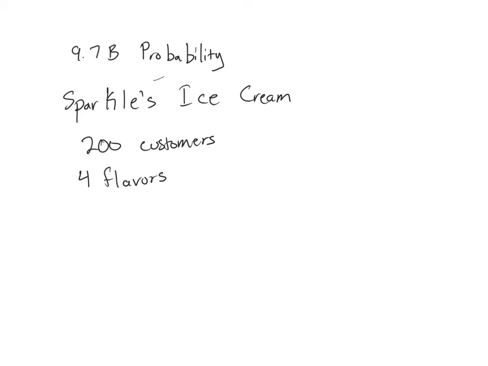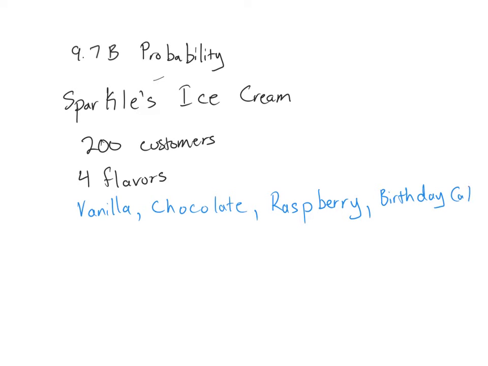Of those 4 flavors, we have vanilla, chocolate, say raspberry, and birthday cake, or in this case, V, C, R, and B.